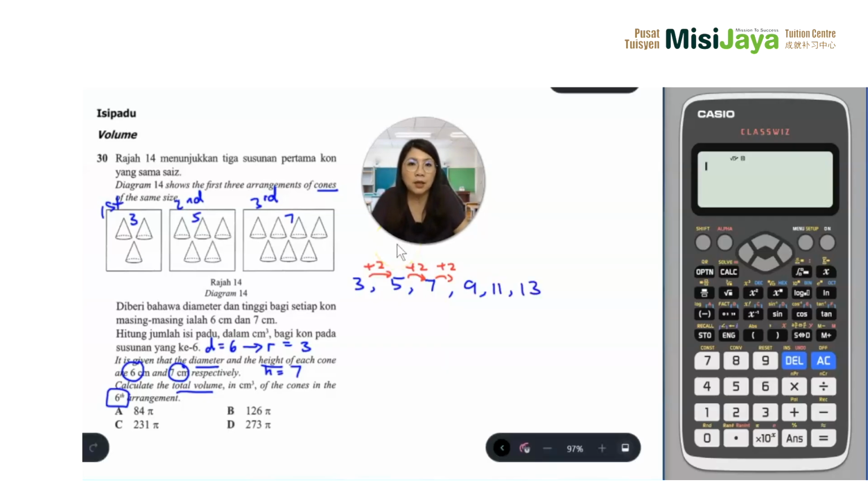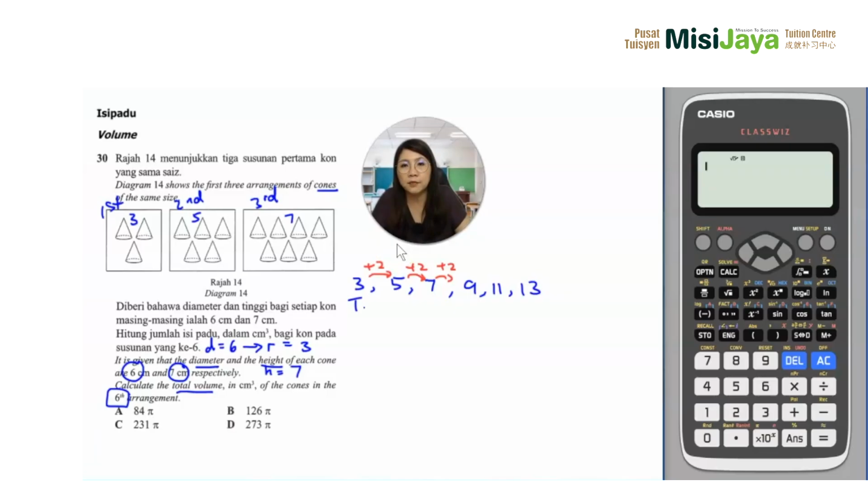So we already got the sixth term. This is the first term, second, third, fourth, fifth, and this is 6. Which means in the sixth term, there will be 13 cones in the diagram. So now they ask us to find the total volume of 13 cones.